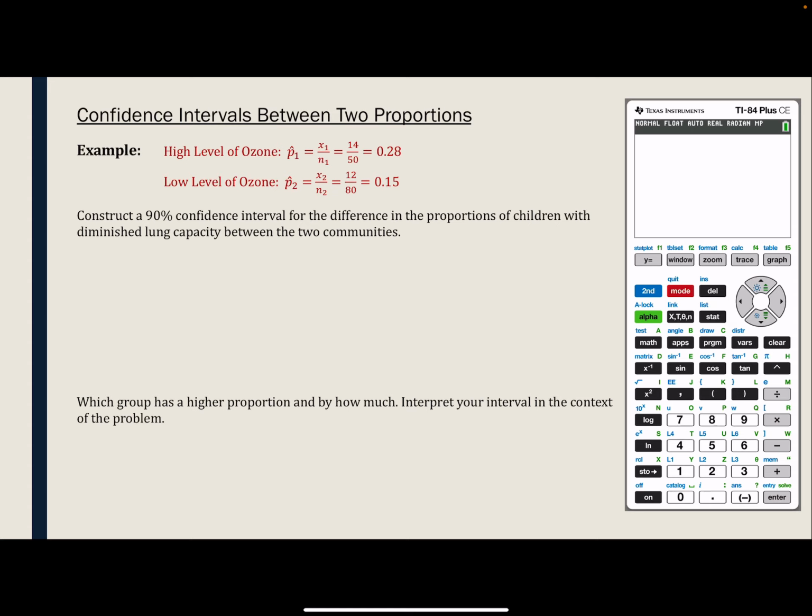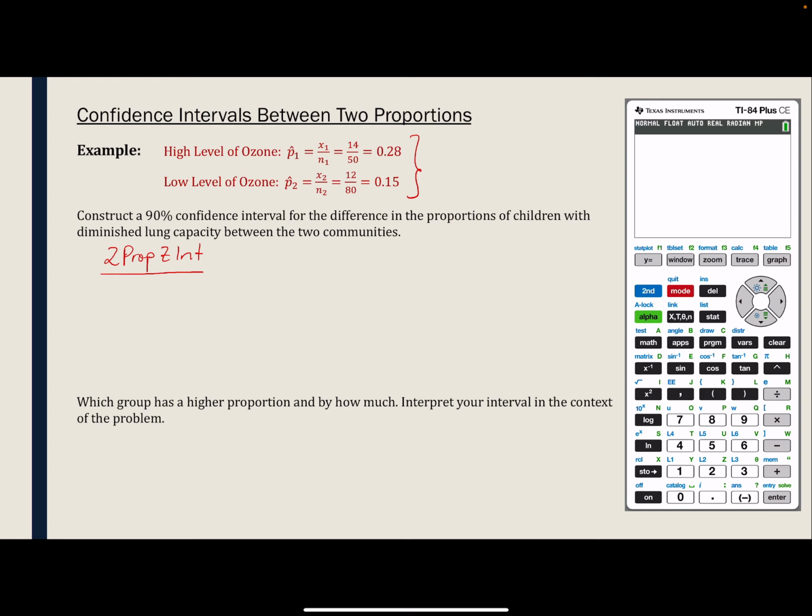Okay, so let's actually find the confidence interval here. We've got the information from the previous slide here, and we're going to construct a 90% confidence interval. To do this, we're going to use the command 2PropZInt. So just like the 1PropZInt, except for now we have 2 samples, so 2 proportions.